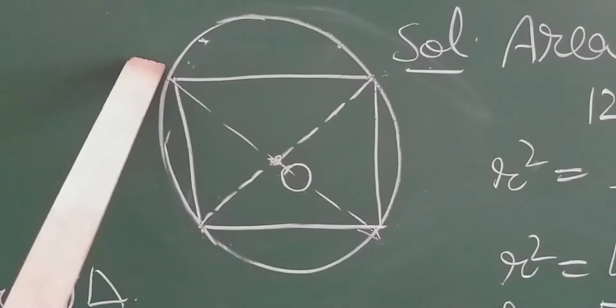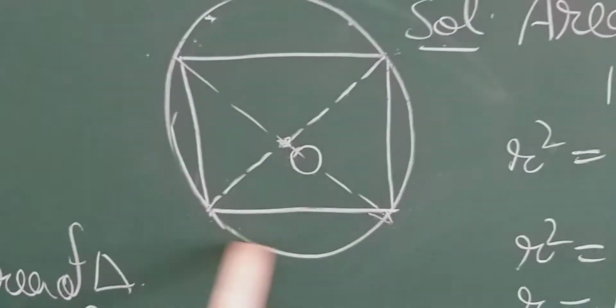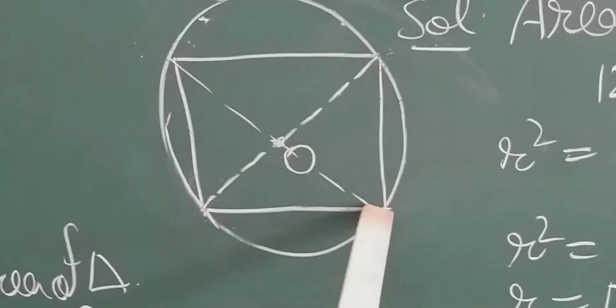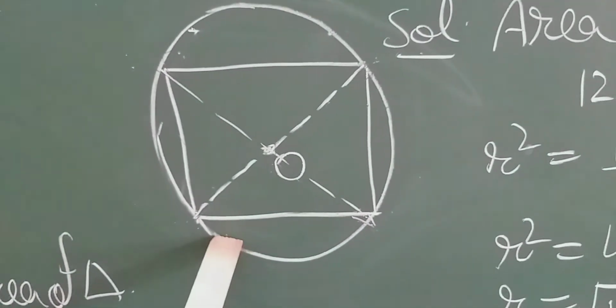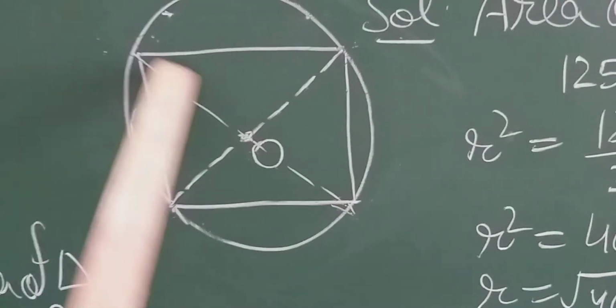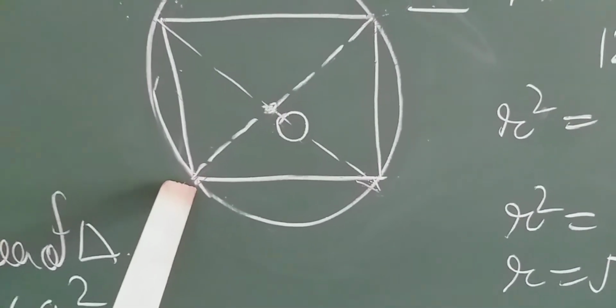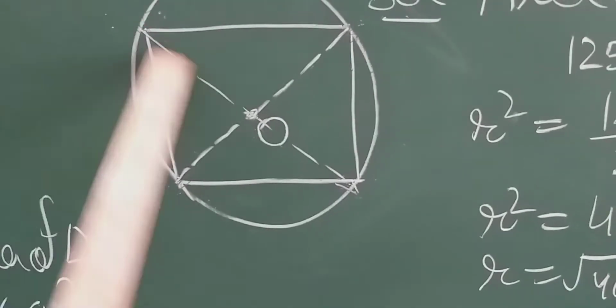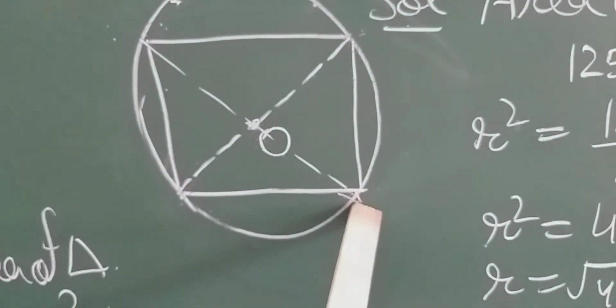So these both are diameters of the circle, and these are also the diagonals of the rhombus. Area of rhombus, we know, is half d1 into d2. This first diameter becomes the diagonal, and this second diameter also becomes a diagonal of the rhombus.